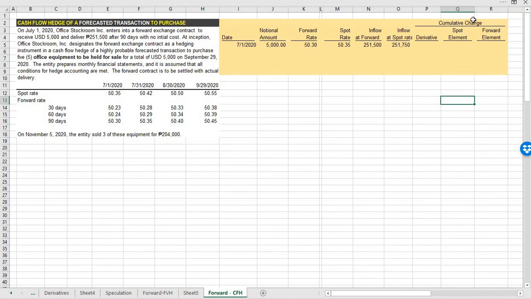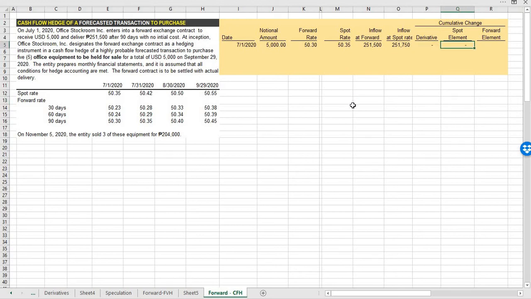Kung may change, ibig sabihin, change in the exchange rates. So, hindi pa nagfa-fluctuate ang exchange rates kasi dito pa nga lang tayong mag-uumpisa. At saka, wala rin tayong value dito na i-assign sa derivative kasi wala tayong binayarang any premium kasi nga with no initial cost.